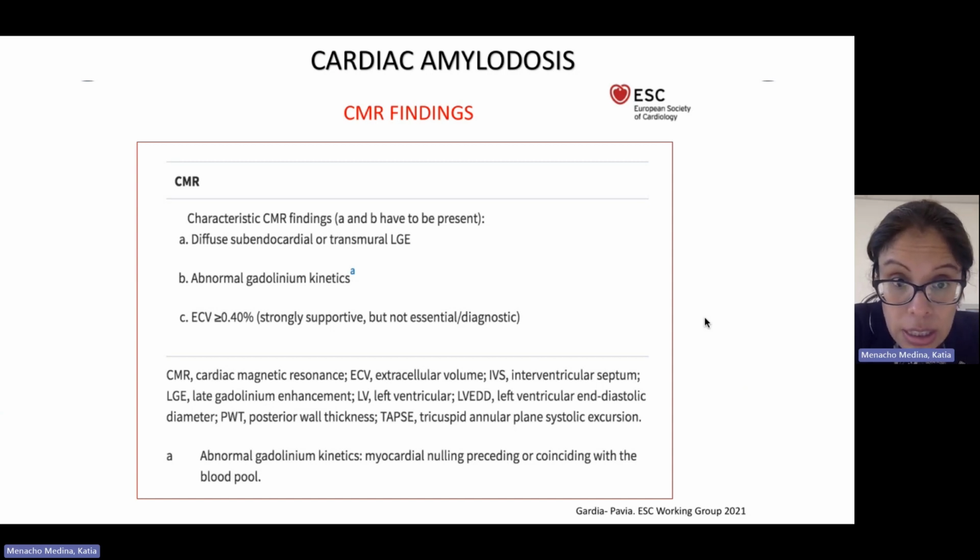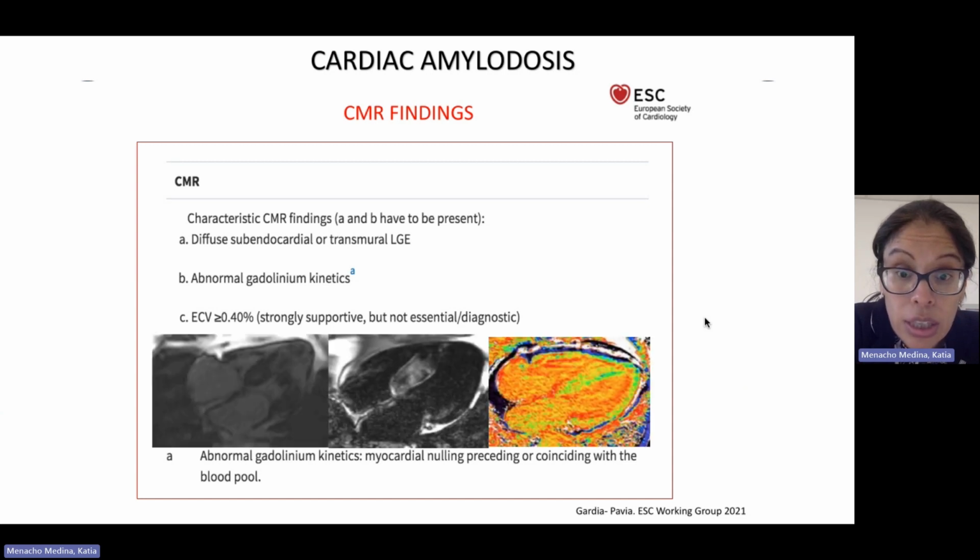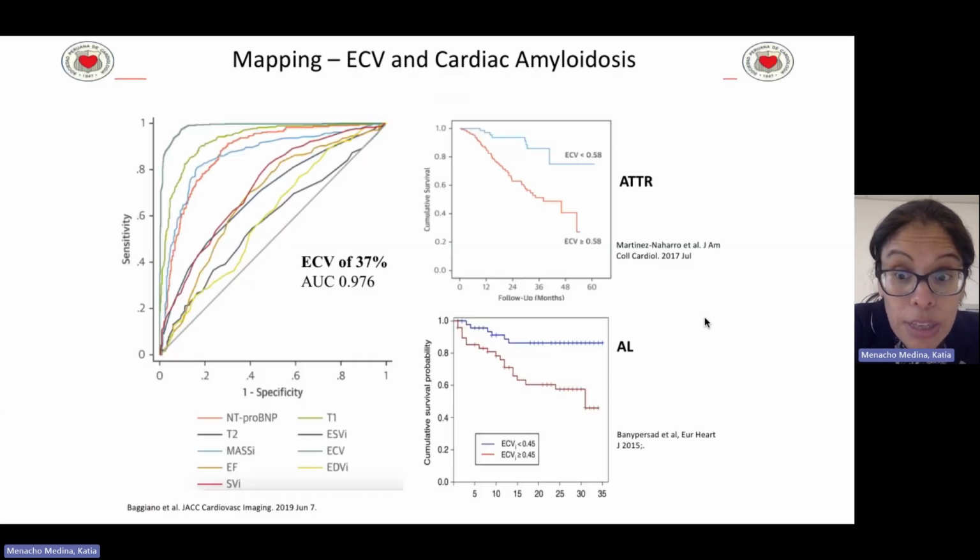Diffuse fibrosis, subendocardial going to transmural fibrosis, that is assessed by LGE, abnormal gadolinium kinetics that can be seen with the T1 scout sequence, and the extracellular volume that is more than 40%. And for that, you need the sequence T1 pre-contrast and T1 mapping post-contrast. It's essential but non-diagnostic, but very supportive.